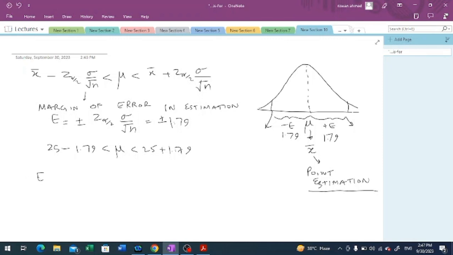In this application, what we have taken as an example, plus minus 1.79 is referred to as the margin of error in estimation.